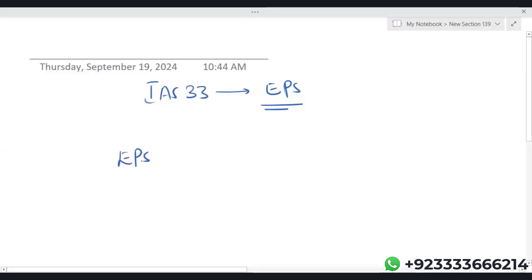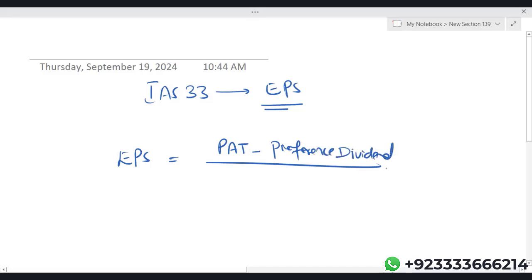The formula is EPS is equal to profit after tax minus preference dividend. If you are calculating EPS for the group, then we do deduct non-controlling interest as well.